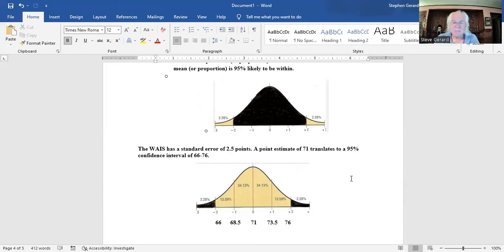In this case, two chances out of 3 you'd get something between 68 and 74. But there's a 48% chance that it would fall lower.